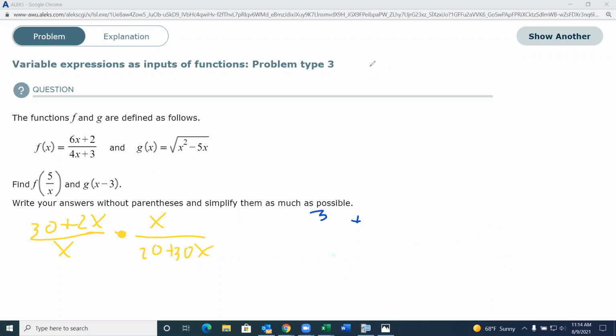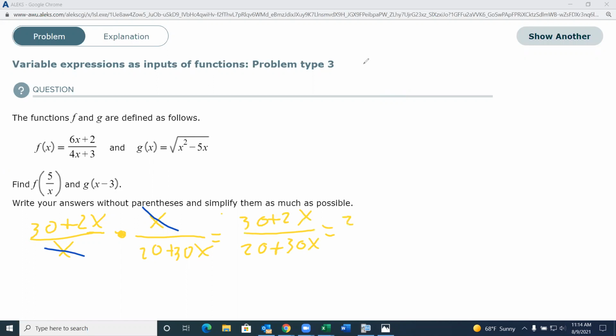And now that it's multiplication, we can proceed and we can say, hey, these x's cancel. That's pretty cool. And I'm left with 30 plus 2x over 20 plus 30x. Is there anything I can factor out of the top and bottom?